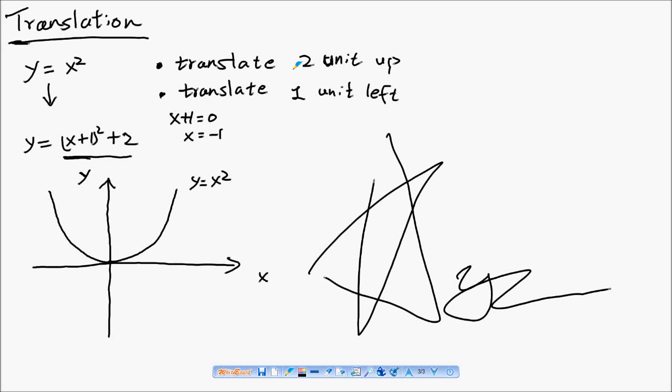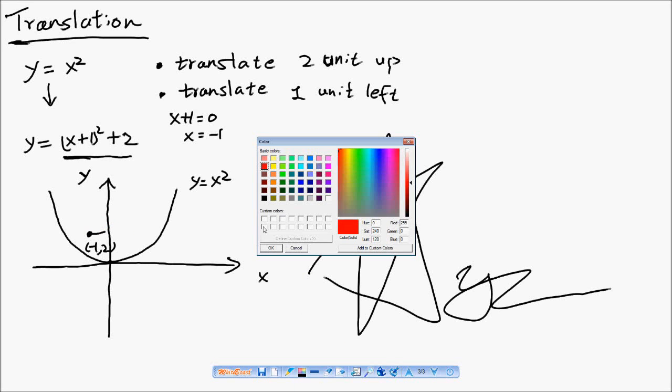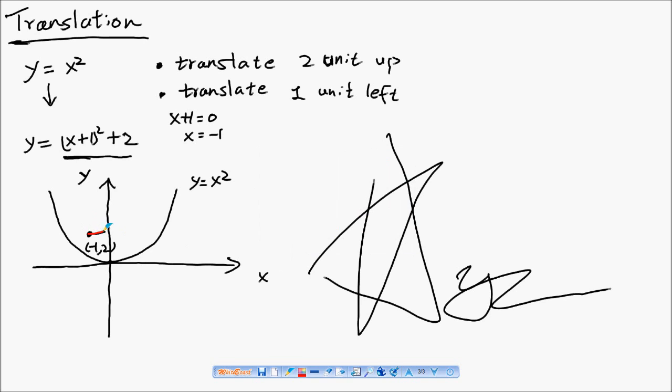So the turning point will be at minus 1 and 2, somewhere there. Because we translated 1 unit to the left and 2 units up, the new graph looks like this. This is your new graph, y equals (x plus 1) squared plus 2.